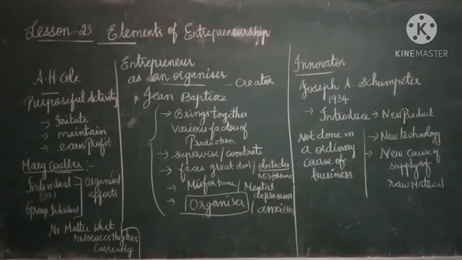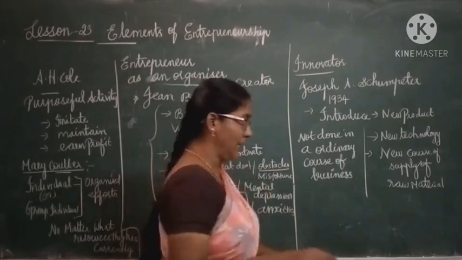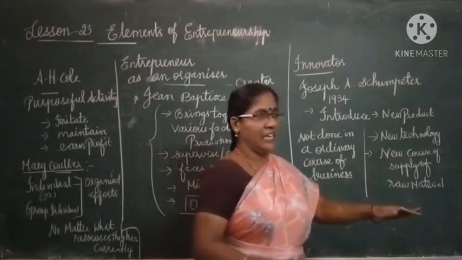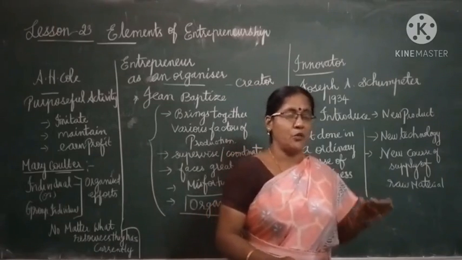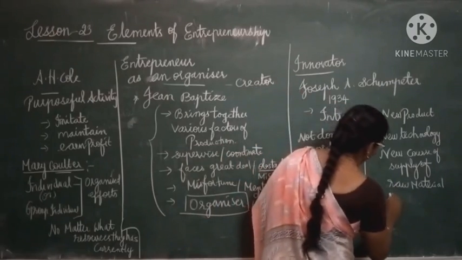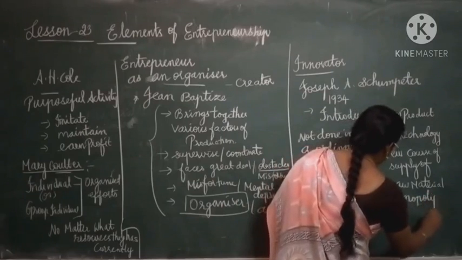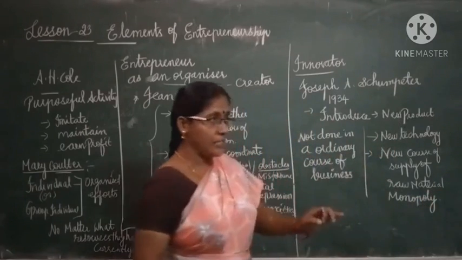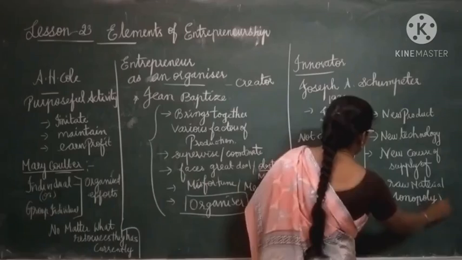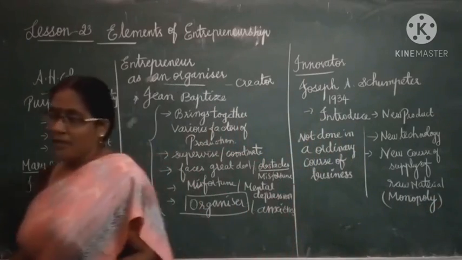They are going to discover the new product without disturbing the existing monopoly. A monopoly means a single seller. Without disturbing the existing monopoly, the entrepreneur must become a monopoly in the market.